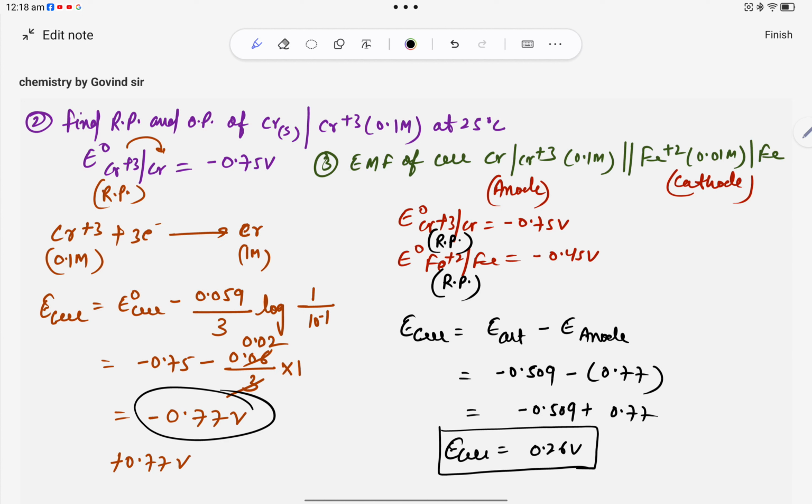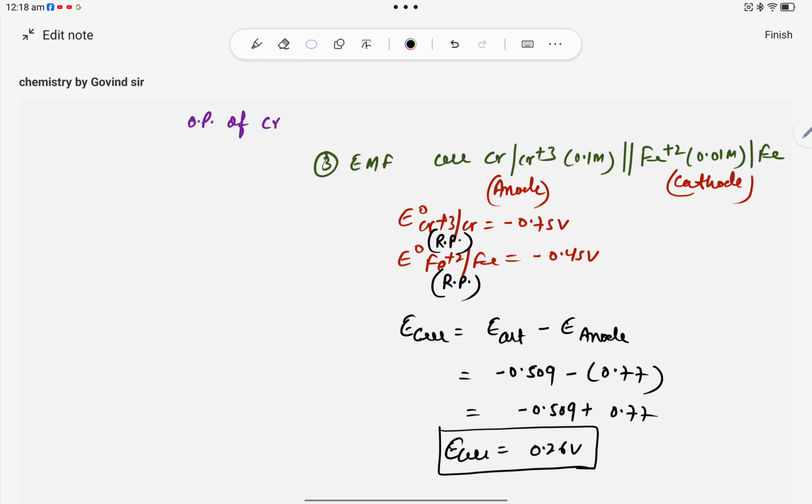Check it. What is the concept? Next equation. So here I am erasing this part. That formula, E cell is equal to E naught of cell minus 0.059 upon n log concentration of product upon concentration of reactant. So reaction, you have to write the reaction.